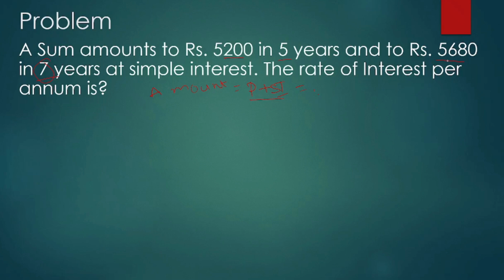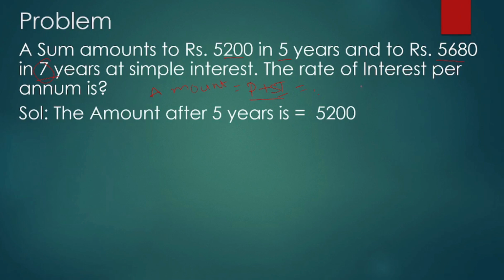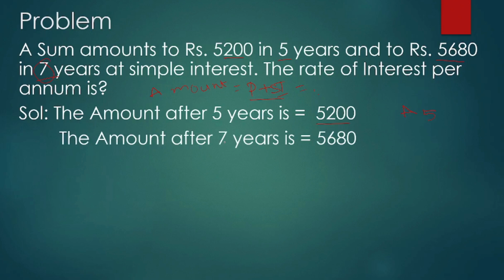So this will be solved in the following way. For 5 years, we write down the amount as 5,200, so it is A5. And for 7 years, it is 5,680, so A7.